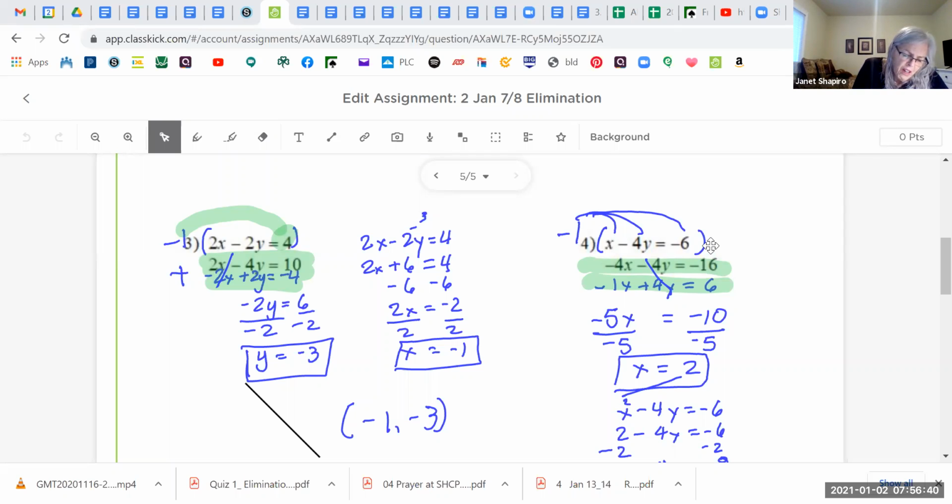When I add down the columns, the x's cancel. I have a positive 5y equals -10. Divide by 5. Y is -2. And then use either equation. And y is -2.